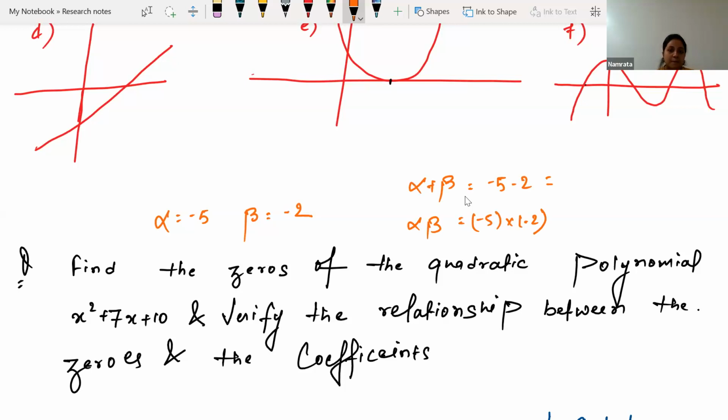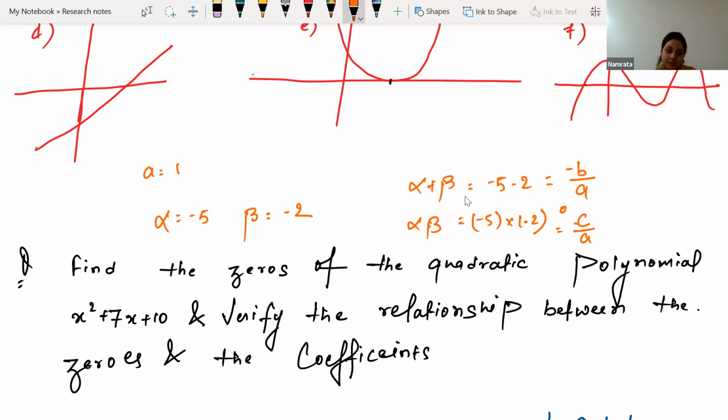Minus b by a. And the other one, alpha times beta, the product of the roots, should be equal to c upon a. Perfect. So what are we getting from here? From the first we get the a, b, and c values. Yeah. What is a?